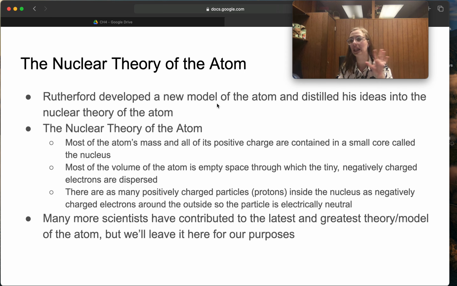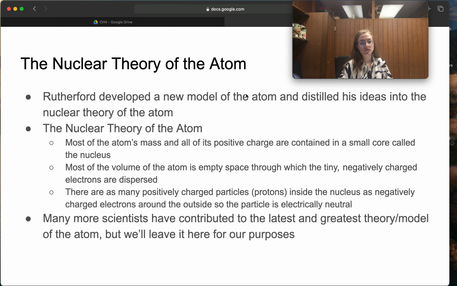We're going to talk a lot more about electrical charge in just a second. However, it's just a part of the nuclear theory that if there are just as many positively charged protons as there are negatively charged electrons, then you have a neutral atom.